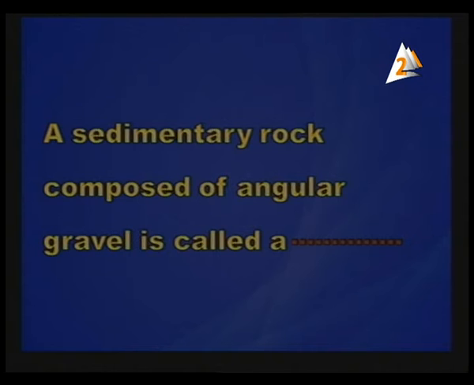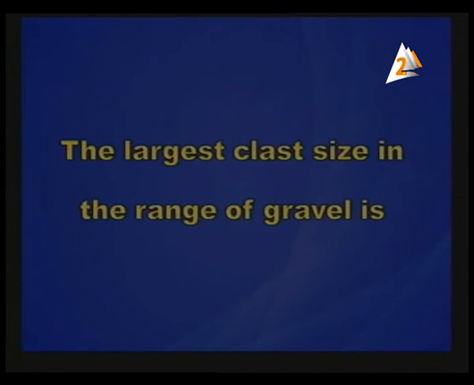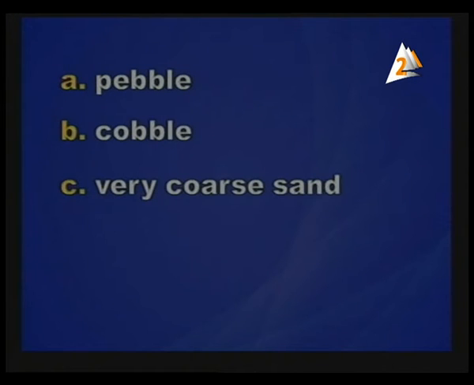In quaternary, we have another sedimentary rock composed of angular gravel, and this time we call this rock, which is very similar to the conglomerate, but sharp-edged, breccia. The largest class size in the range of gravel, we expect here a name equivalent to this large particle.